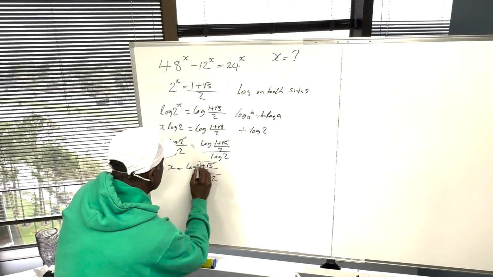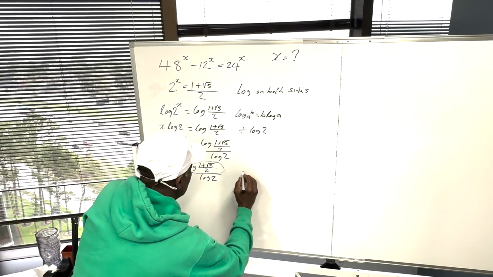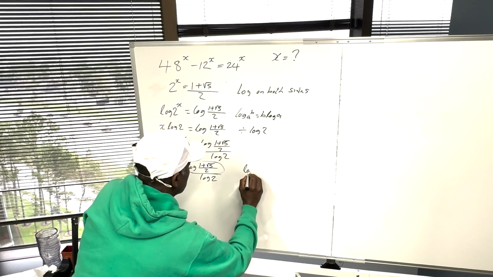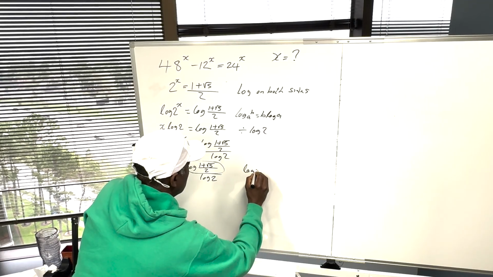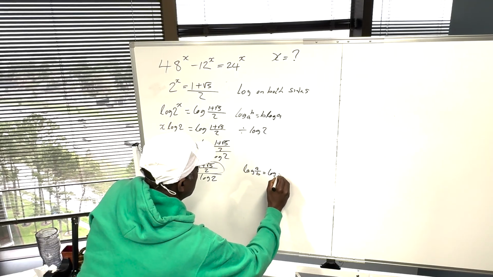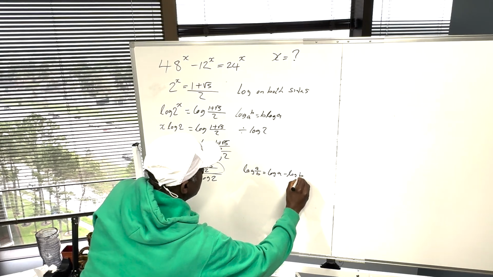Looking at this term, we use the logarithm principle log a over b is equal to log a minus log b.